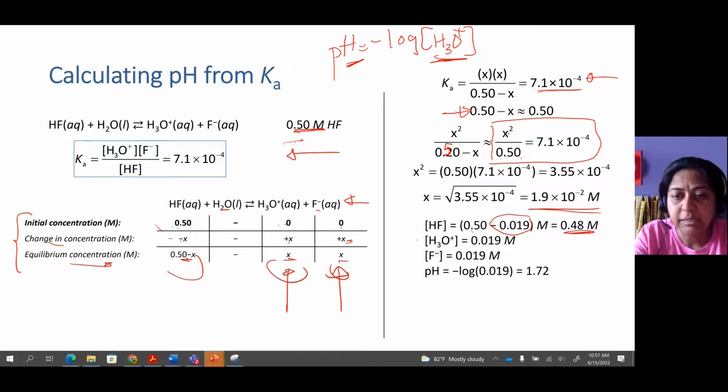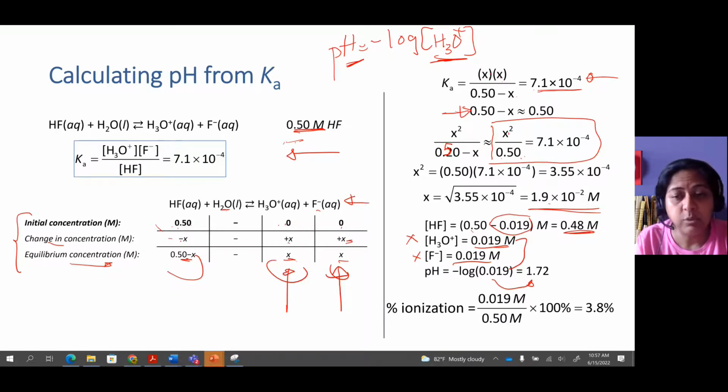And this is x and this is x, so they are directly equal to their value. So how do we calculate the pH? Yes, the pH is the negative log of the H3O+ concentration. So we get the value as 1.72. pH equals 1.72 for this solution of HF.